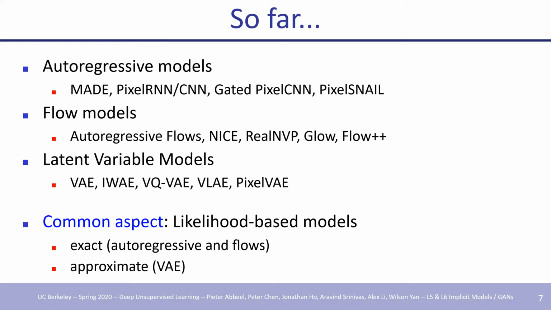Okay, so let's see what we've done so far. We looked at autoregressive models like MADE, PixelRNN, PixelCNN, Gated, flow models, autoregressive flows, and latent variable models like PixelVAE and VQ-VAE. All of them had one thing in common: we calculated the likelihood.